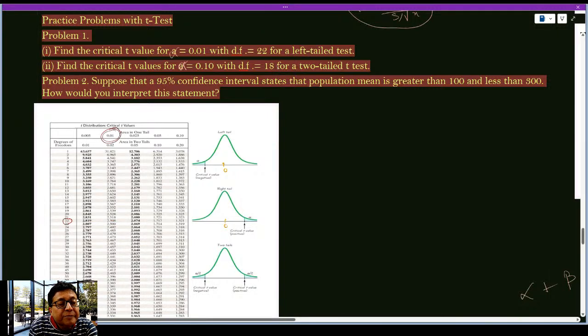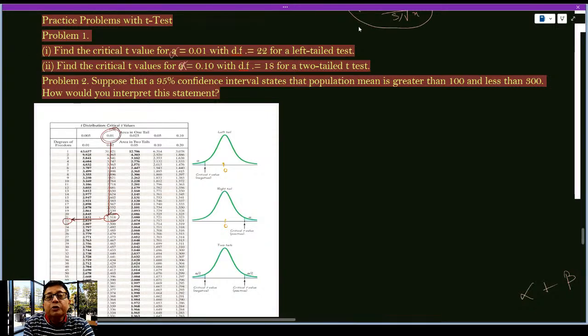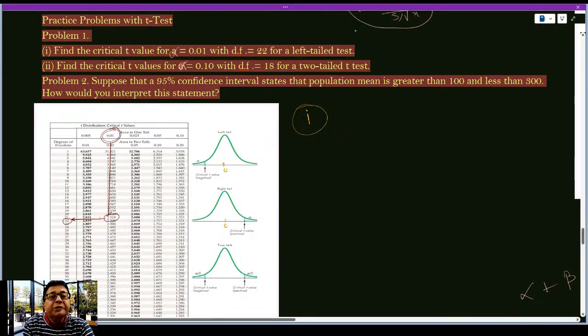Don't make it so big. And from here, this thing. So where are they meeting? At 2.518. So for number 1, I mean for the first part, the t value is 2.518. Got the idea? This we have to find.